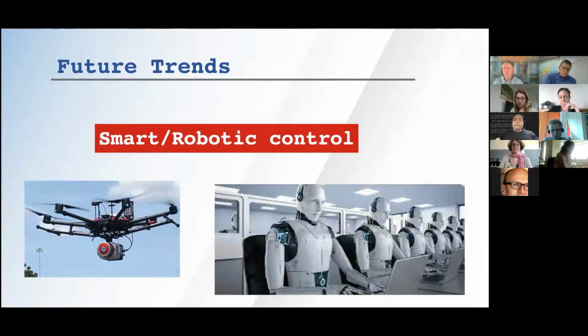This would not be happening without sensor technologies, the three key terms that I mentioned: sensor technology, communication technology, and artificial intelligence. Integrating these three main components makes it possible to make things as smart as possible.